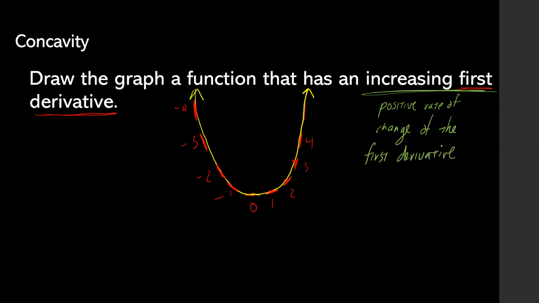Okay. And so a rate of change is a derivative phrase and then first derivative. So a graph like this that has an increasing first derivative has a positive second derivative. Right? And we have a name for that.